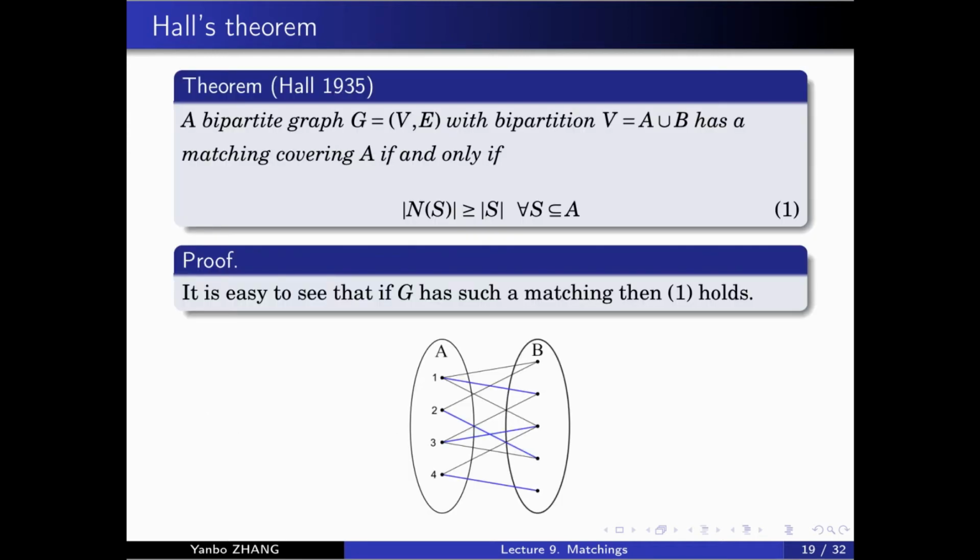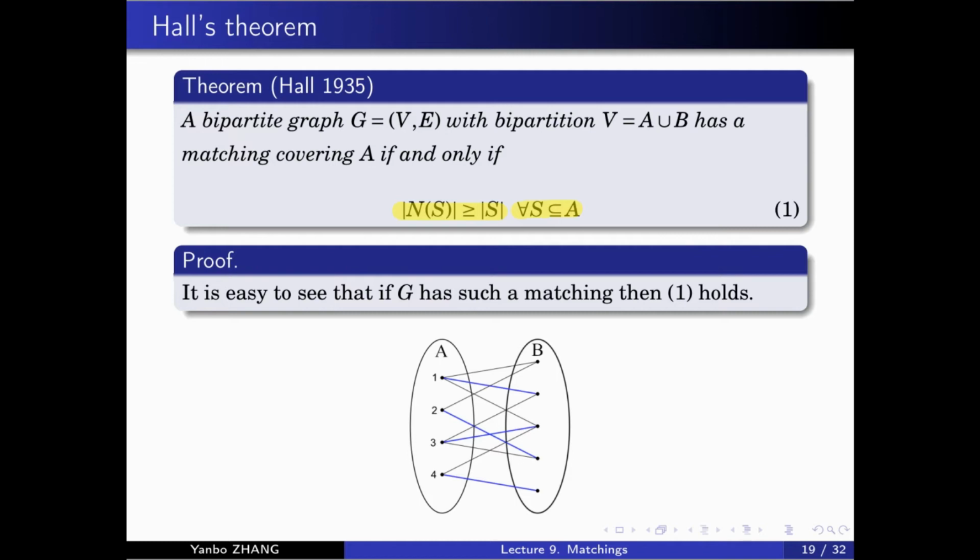Here is Hall's theorem. A bipartite graph G = (V, E) with bipartition V = A union B, where one part is A and the other part is B, has a matching covering A if and only if the size of the neighborhood of S is greater than or equal to the size of S for any subset S of A. The necessity is obvious.